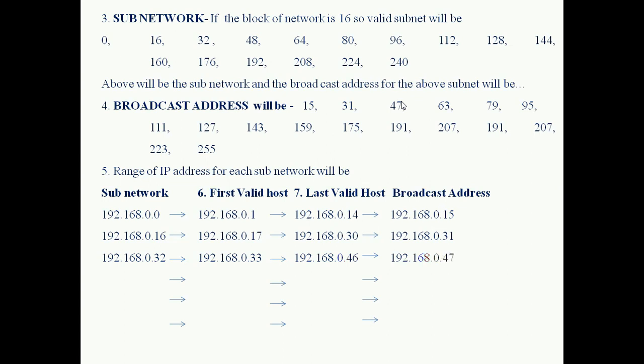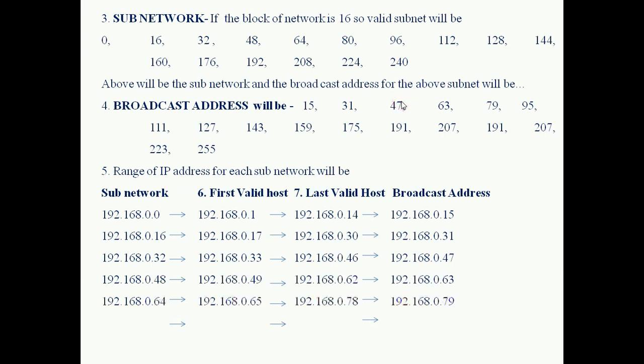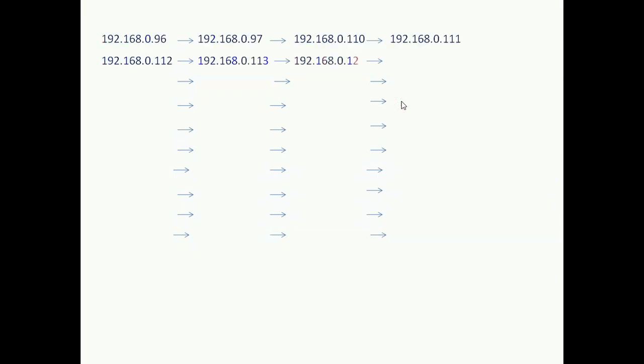It goes till 255, and you can see in the first block the network address, the valid host addresses, last valid host address, and broadcast address for each subnetwork, and it goes on.